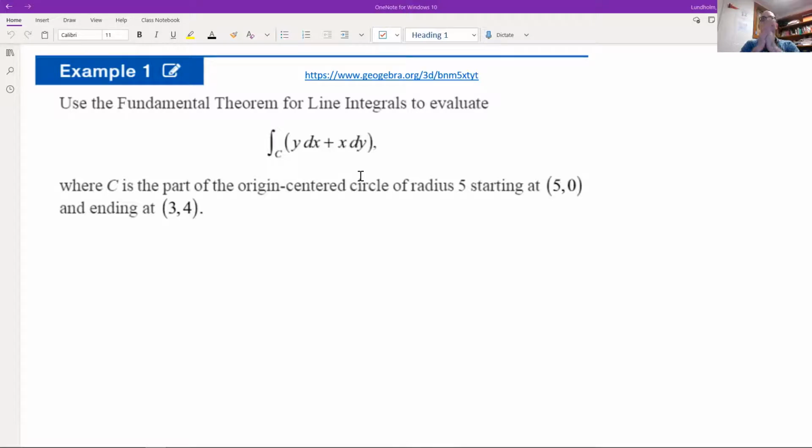What we would have seen yesterday is we would have had some kind of function parameterized in terms of t, and instead of looking at y dx and x dy, we would have had a force field that looked like y and x. So that would have been our force field. And we would have dotted that with the tangent vector.